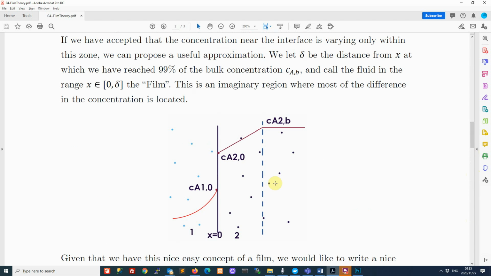Let's say on this side, well, I guess we were calling it the gas. So if you were agitating the fluid here, if you were mixing this fluid vigorously, then you are causing the bulk value to get closer and closer to the interface point.